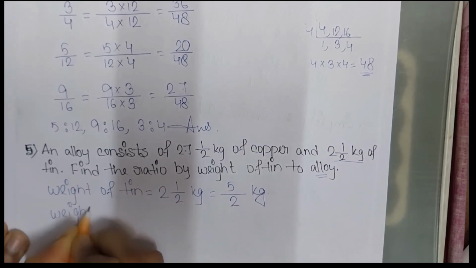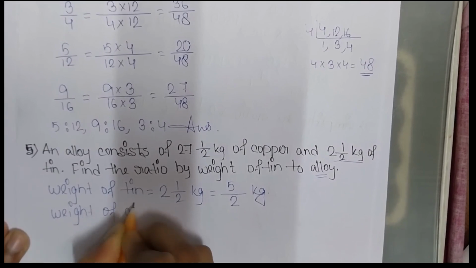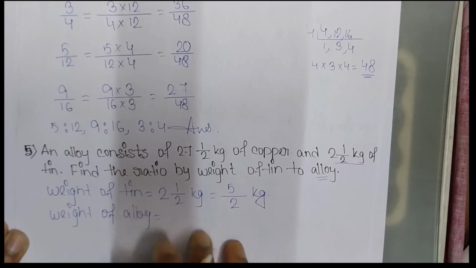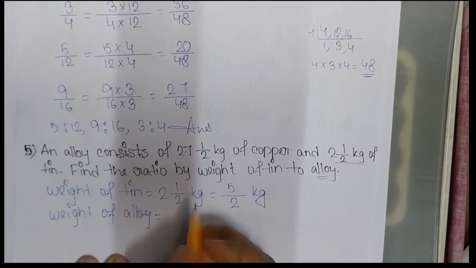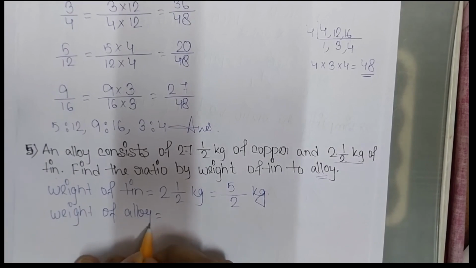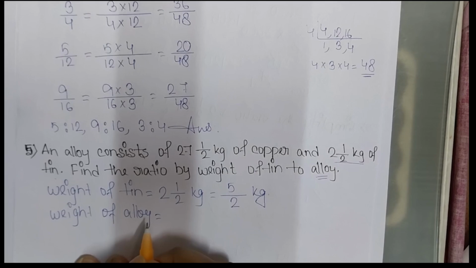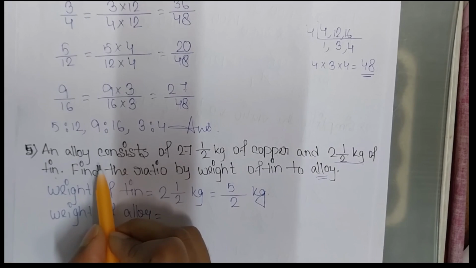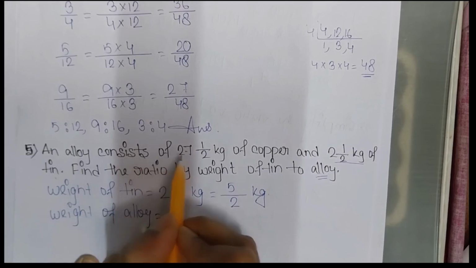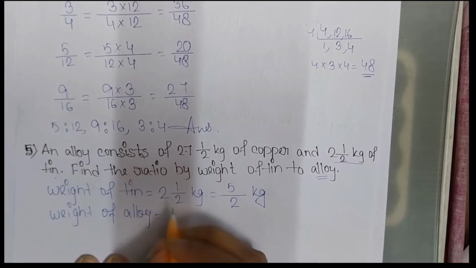So alloy is the combination of copper and tin. So to find the weight of the alloy, we have to add the quantities of copper and tin, because it has already said that alloy consists of copper and tin.